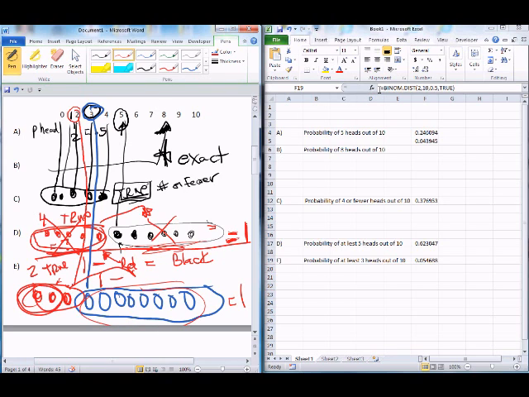So up here in the binomial, right after the equal sign, I'm going to type in 1 minus the binomial probability of the red. I hit enter, and you see it was 0.05, and now it's 0.95. I have a 95% chance of getting that. I hope this video helps this week. This is how you do binomial probabilities using Microsoft Excel.